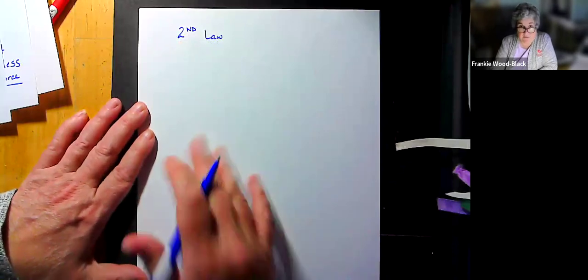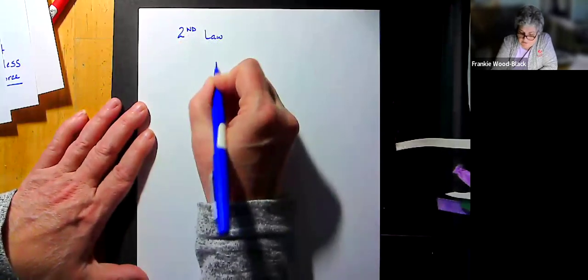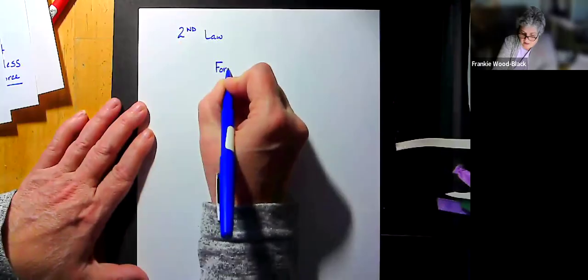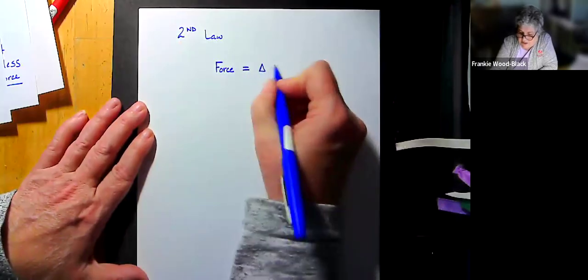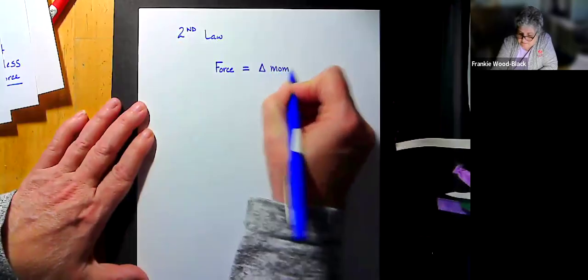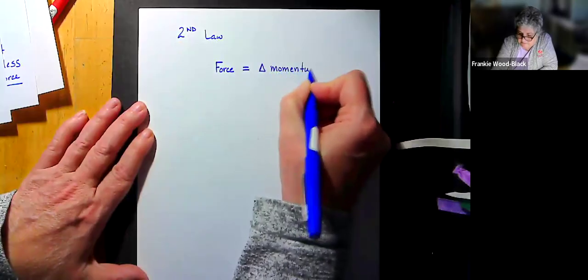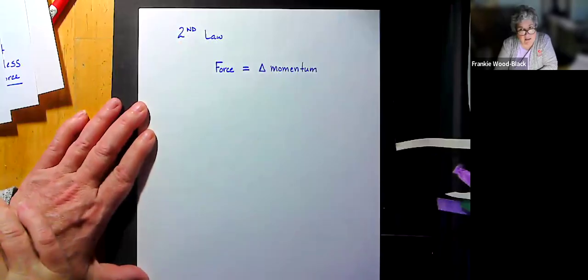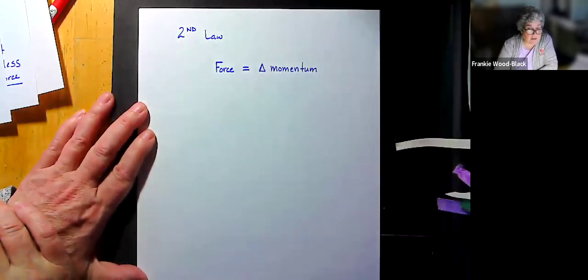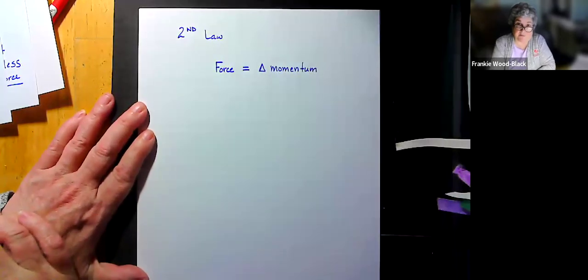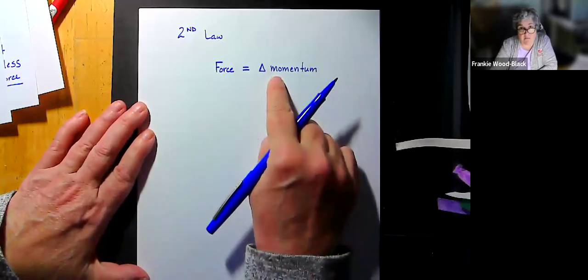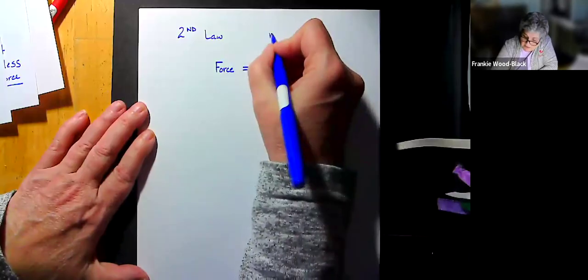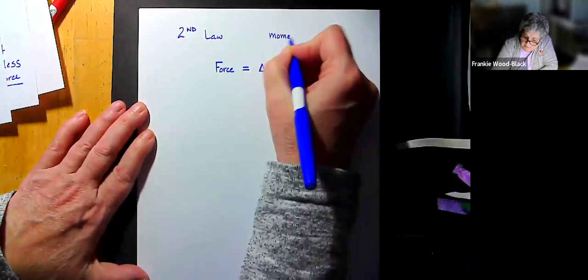So the second law, what Newton said was that force is going to equal a change in momentum. Now that's an interesting idea, and we don't get to momentum until after we come back from break. But I'm going to go ahead and tell you what momentum is.